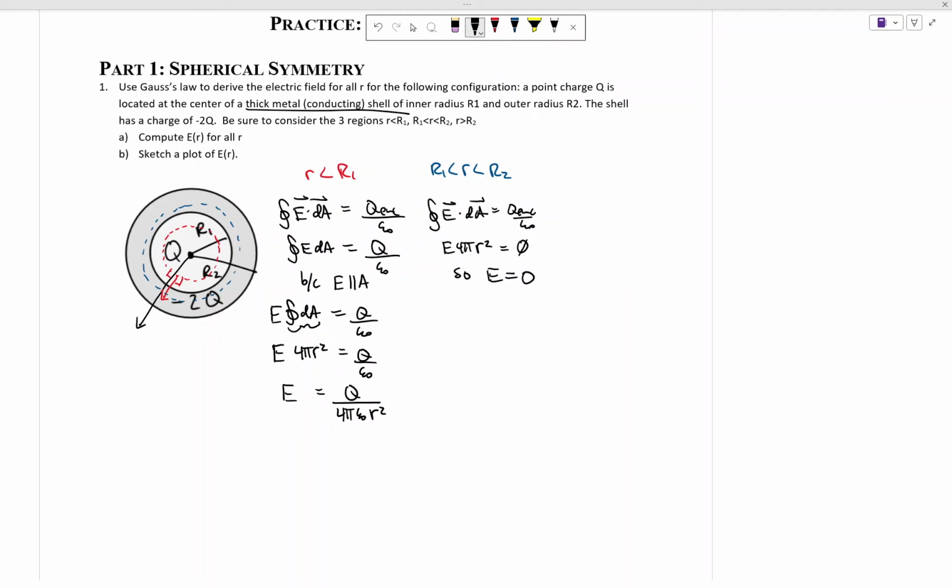So you can think of it as there being negative Q worth of charge spread around the inside of the shell. Once we're within our blue Gaussian surface, that negative Q and plus Q are going to cancel, leaving us with nothing. Or maybe more explicitly, Q minus Q within that surface, giving us 0.